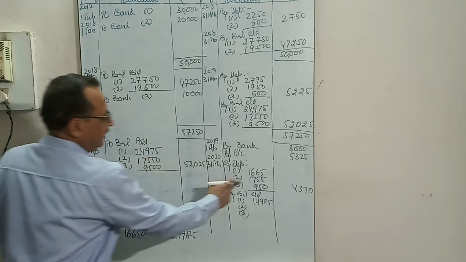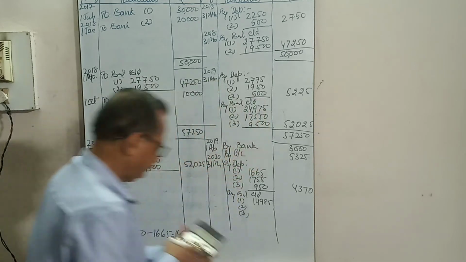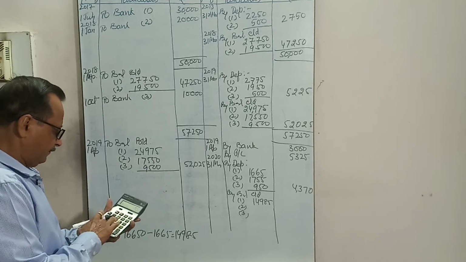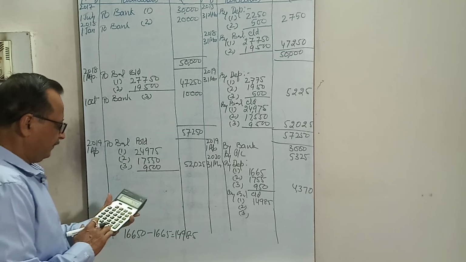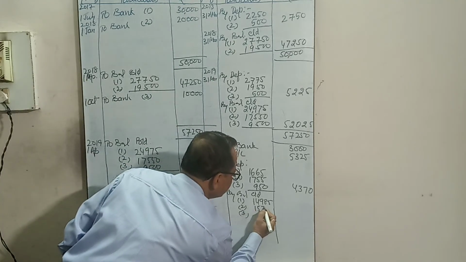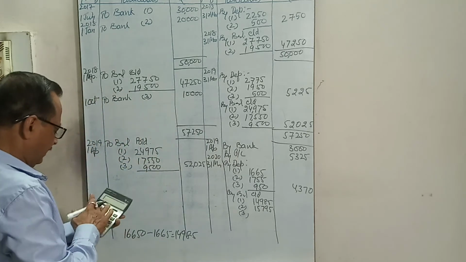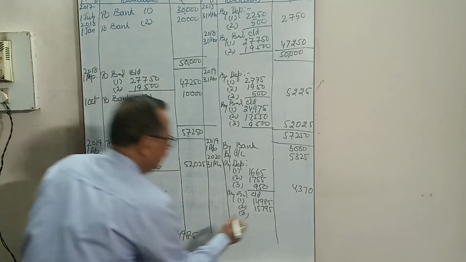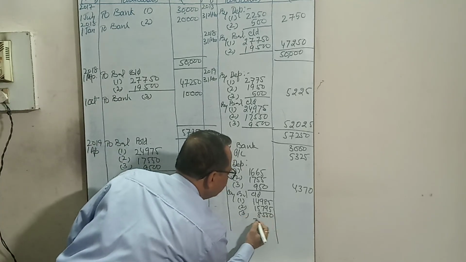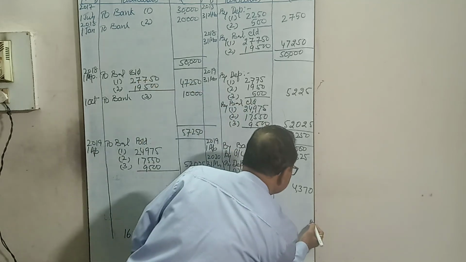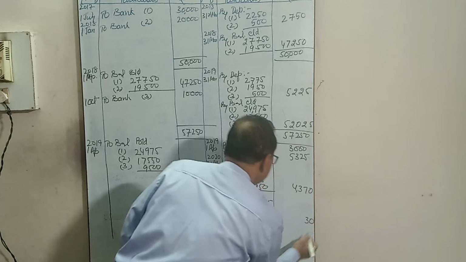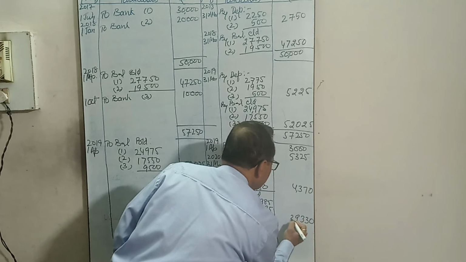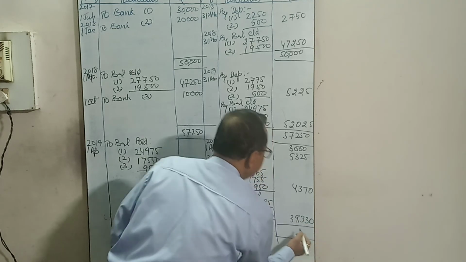Of 17,550 less 1,755, that is 15,795. And 9,500 minus 950, 8,550. Total it is 39,330.